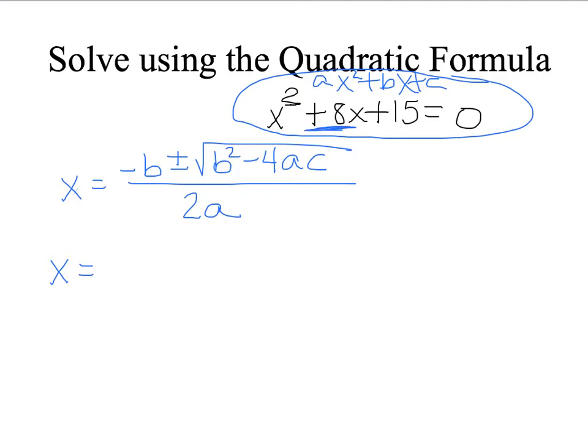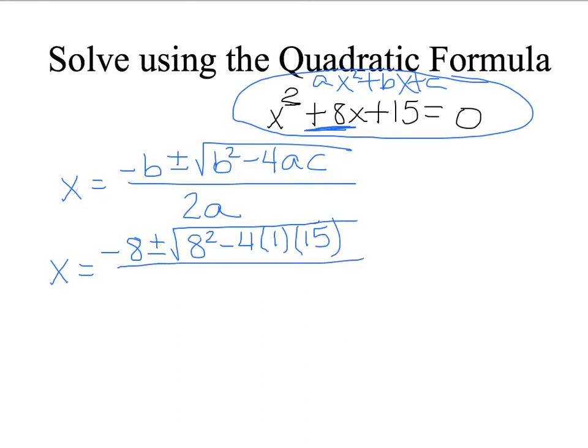Since b is positive 8 here, the opposite of b is negative 8 plus or minus the square root of b squared, so 8 squared, minus 4 times a, x squared has a coefficient of 1, times c, all over 2 times a.